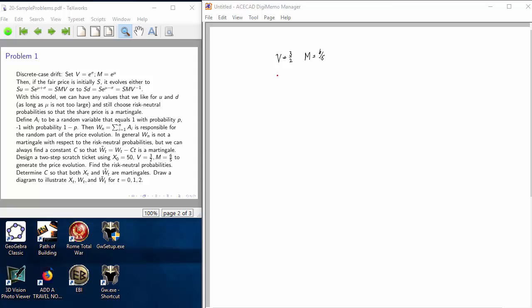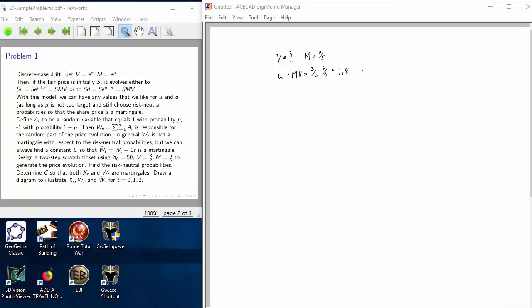So that's enough information to figure out the up and down factors. Let's first work out the factor by which the share price gets multiplied. That's equal to m times v, which is 3/2 times 6/5, or 1.8.